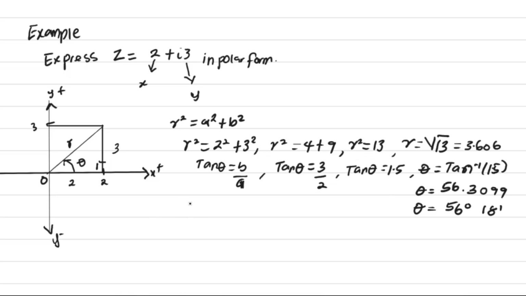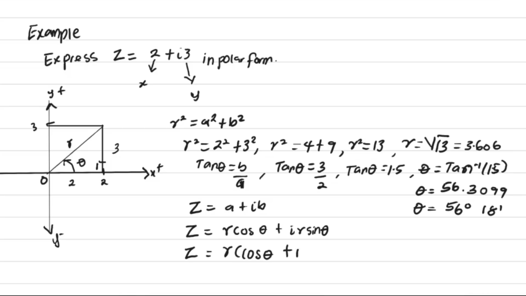Now don't forget, the general form of a complex number is z is equal to a plus ib. The polar form for a complex number is represented as r cos theta plus ir sine theta, which is the same thing as r into cos theta plus i sine theta.